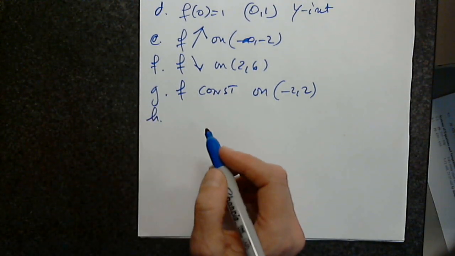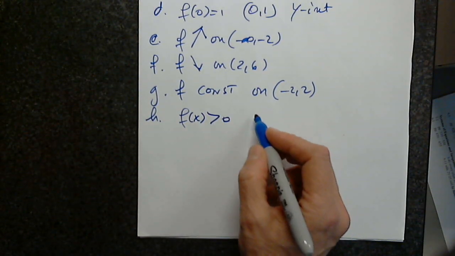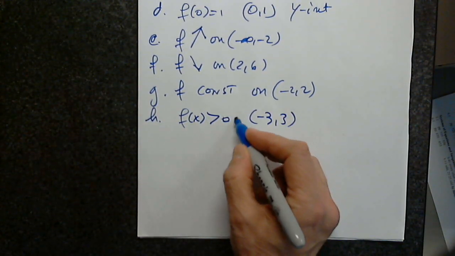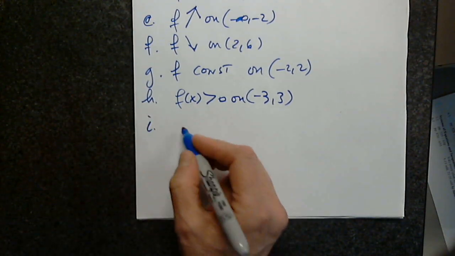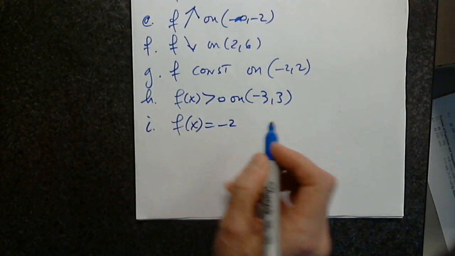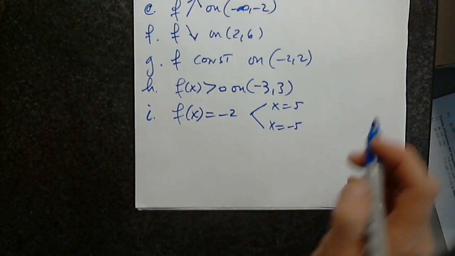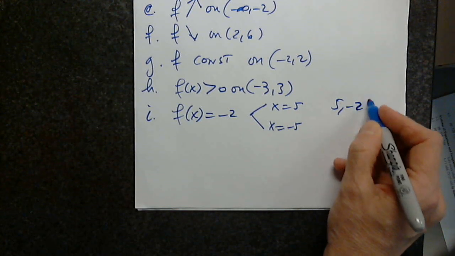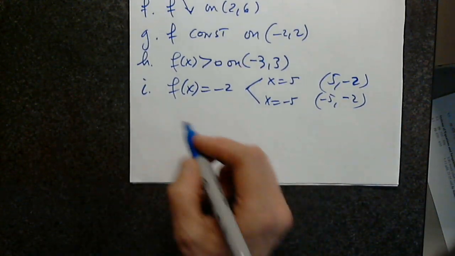H. Values of x for which f of x is greater than 0. We said between -3 and 3, on the interval -3 to 3. I. We said f of x was -2, and we determined x equals 5 or -5. You can present the points (5, -2) and (-5, -2) as well.